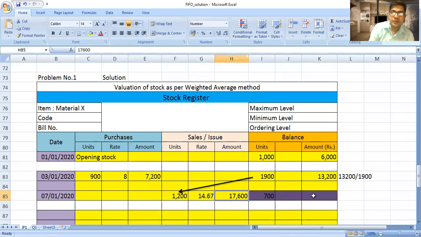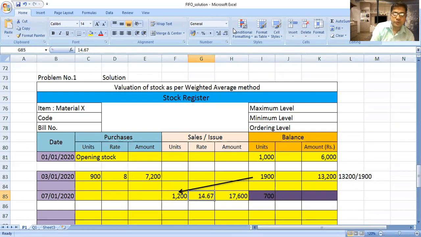Now what will be the value? 1,200 into 14.6666, 17,600 divided by 1,900. Its rate is changed, I think. 13,200 divided by 1,900. Now find out the value.